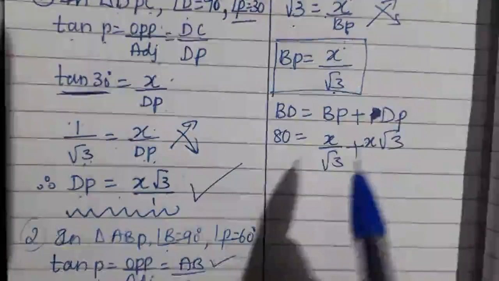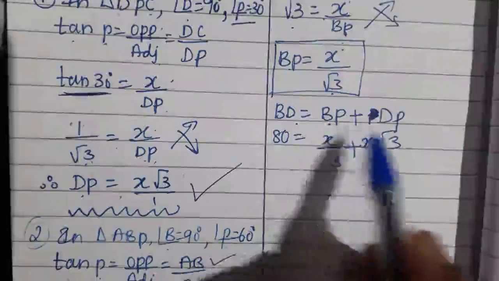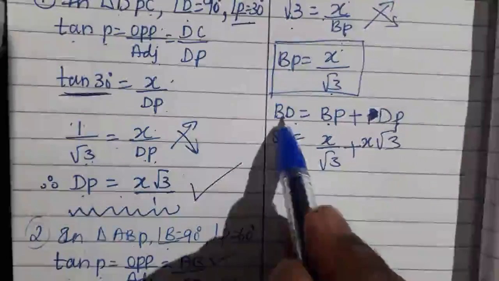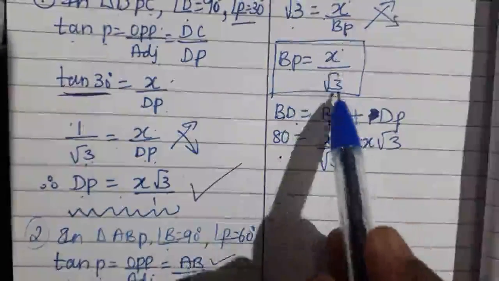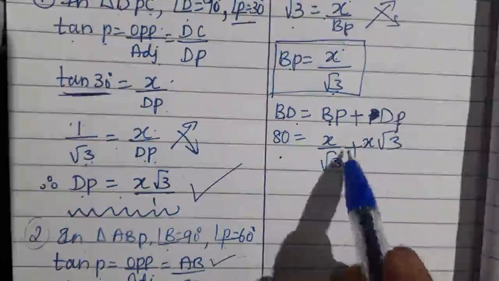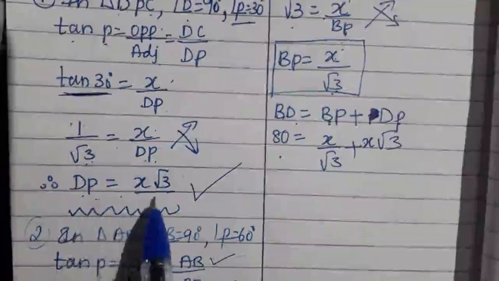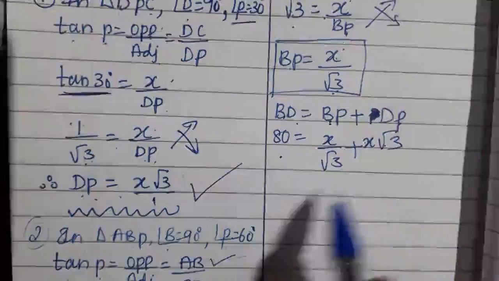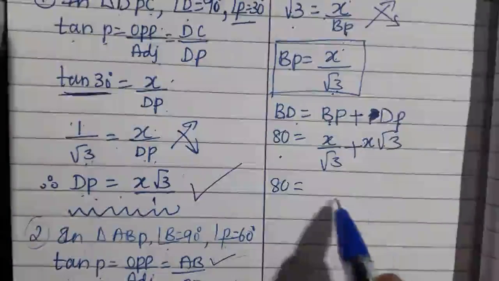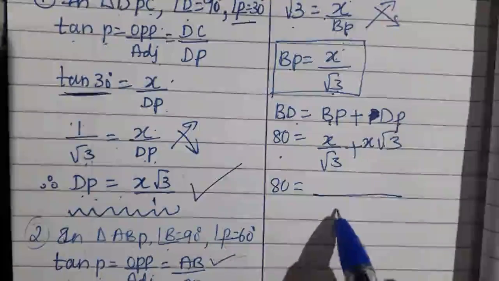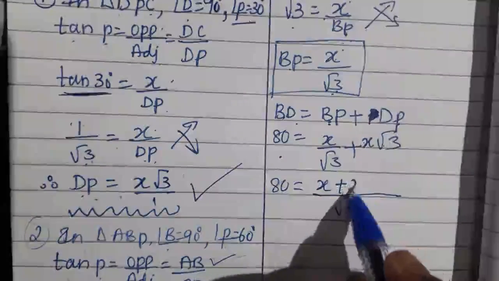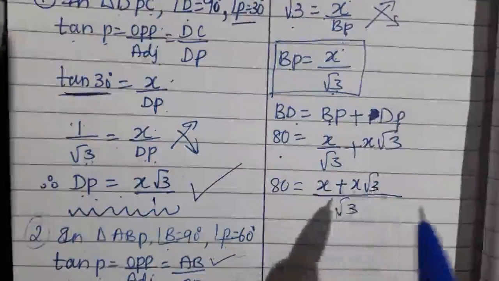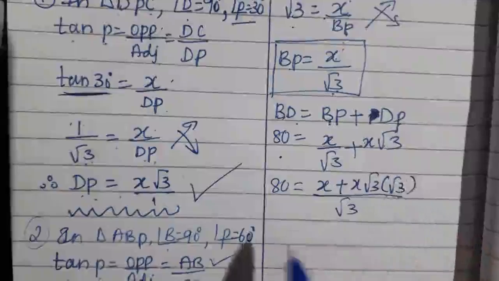So what is BD? BD is equal to BP plus DP. BD value is 80. BP value is x by root 3. That is why I have written x by root 3 plus. What is DP value? DP value is x root 3. So now 80 is equal to, what is the LCM? Root 3 will become the LCM. x will remain as it is plus x root 3 into root 3.